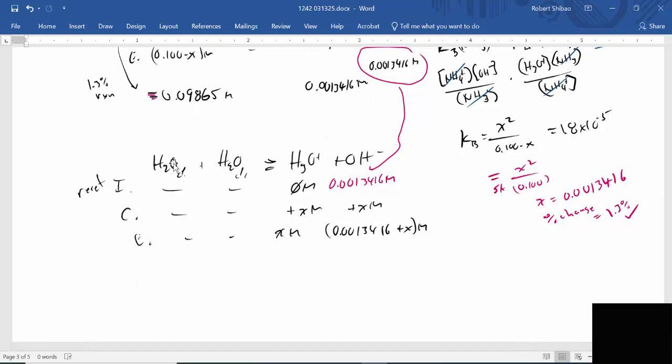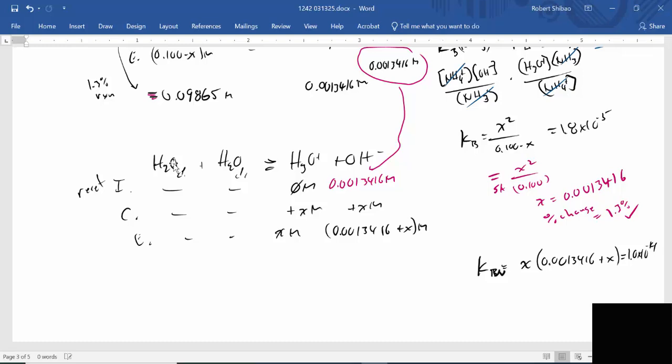All right, I'm going to plug this into my KB equation. The KB is going to equal, or no, this is not KB, sorry, this is KW. I'm going to plug this into my KW, and so I'm just going to get X, the hydronium, times the hydroxide, 0.0013416 plus X. And this should equal 1.0 times 10 to the minus 14.